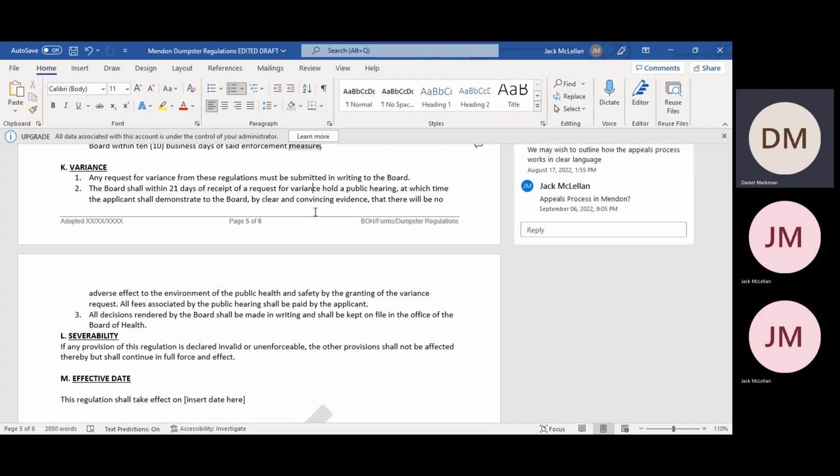As an example, pool code has a section for variances. Variances are almost never granted. Ever. It exists such that under extenuating circumstances, the regulatory authority can make the decision to waive certain requirements.